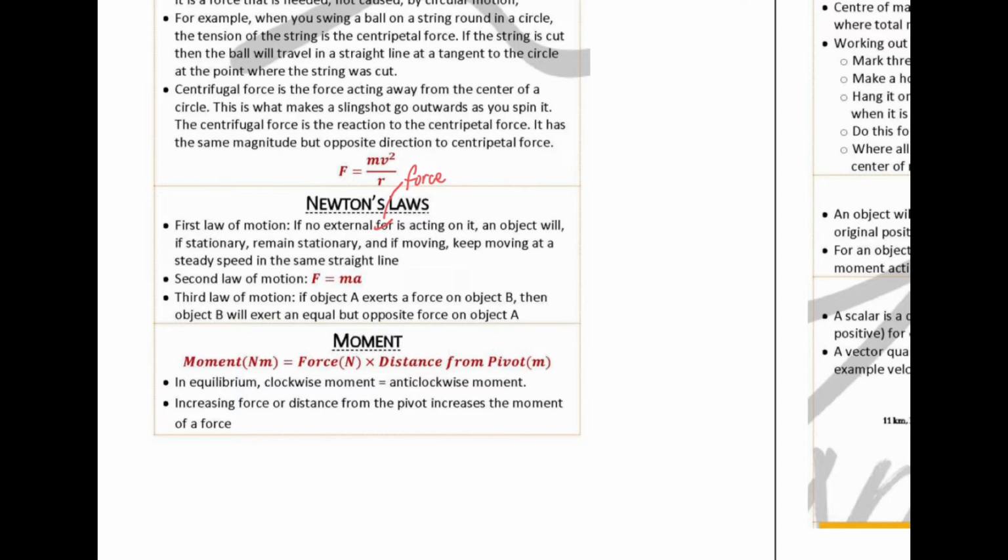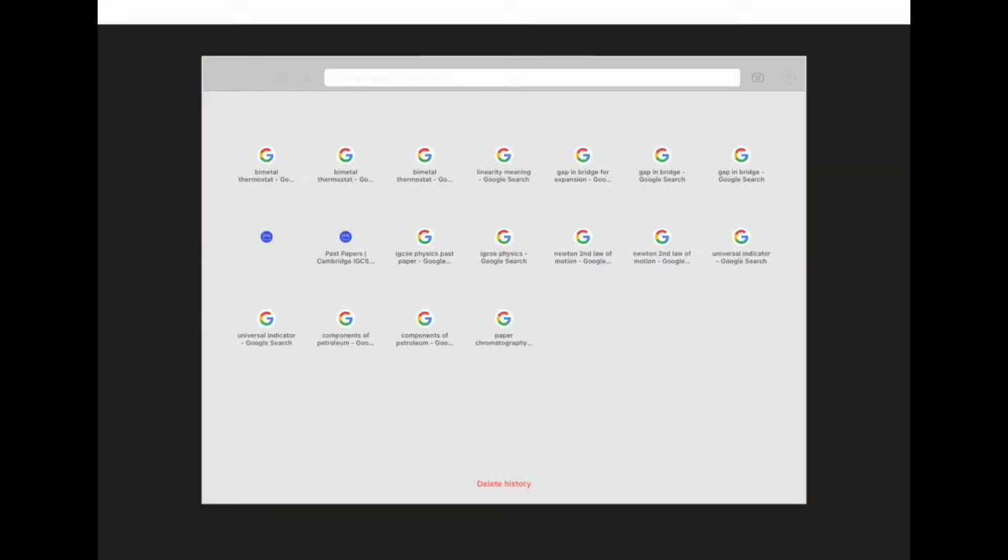Okay, so take a look. Newton's second law in words. So I put on a browser. Okay, Newton's second law of motion.